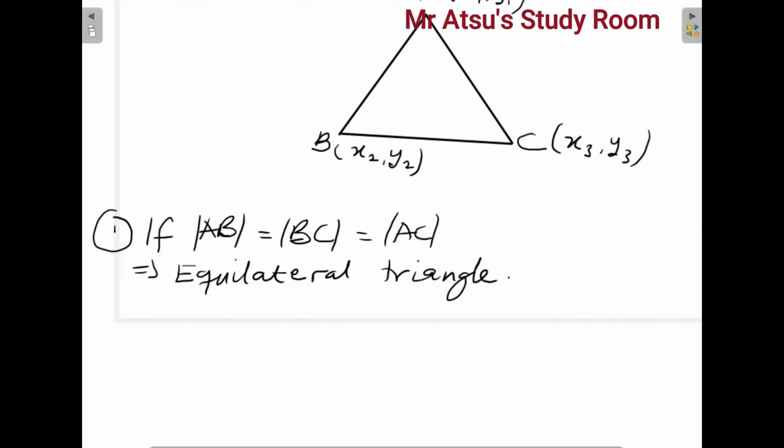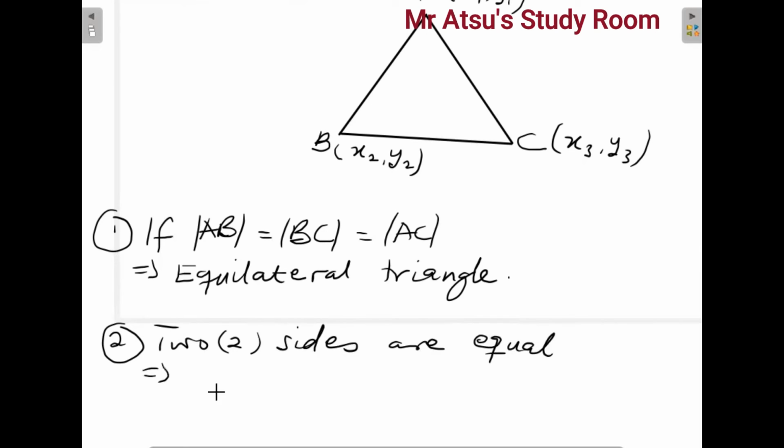Then let's go to the second understanding we can get from here. If two of the sides are equal, or the length of two of the sides are equal, then we conclude that the triangle is an isosceles triangle, because isosceles triangle have two sides equal.